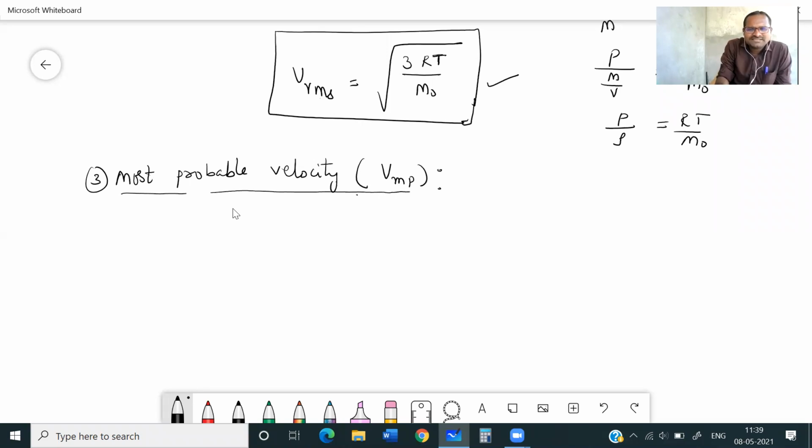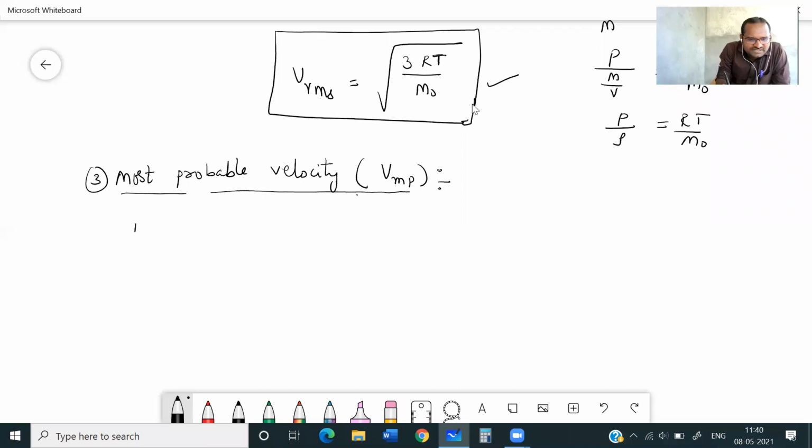In a gas there are so many gas molecules, and each and every gas molecule is moves with different velocities. Few particles will have some velocity, few particles will have some different velocity. On average, how many particles have the same velocity? If the maximum number of particles have the same velocity, then that velocity is called the most probable velocity.